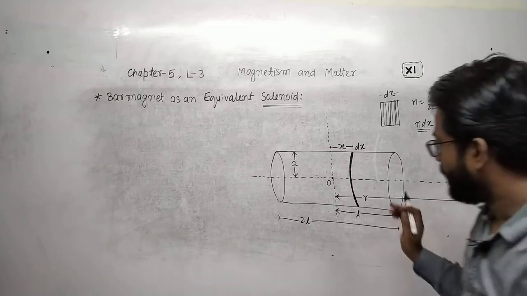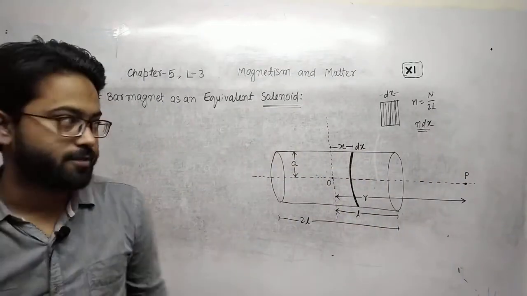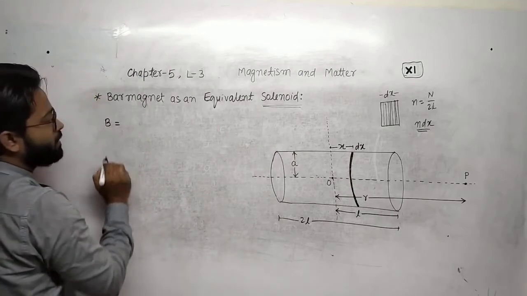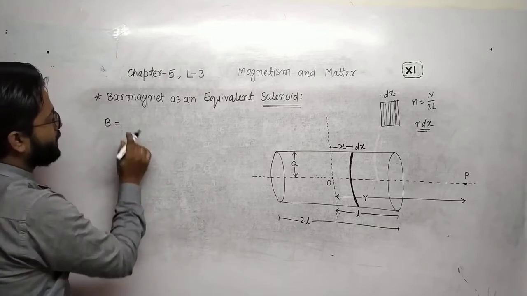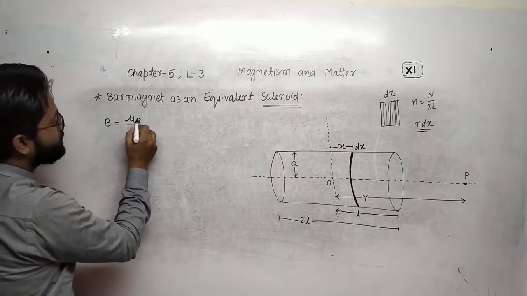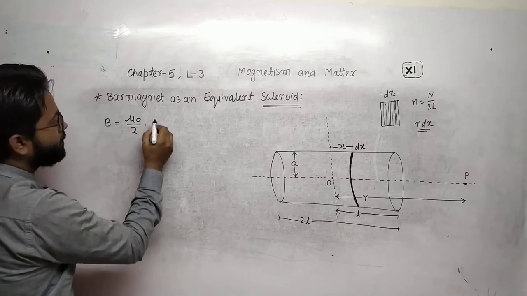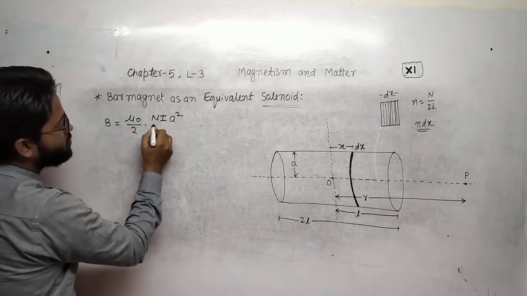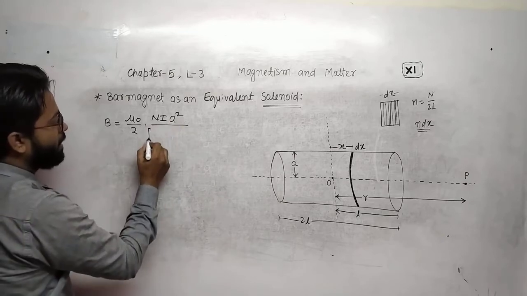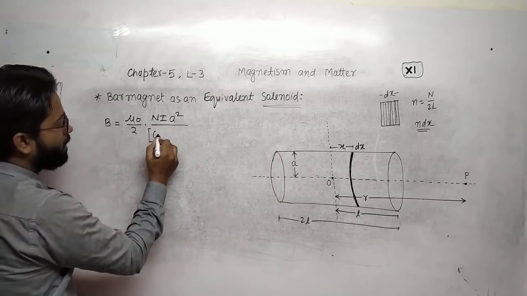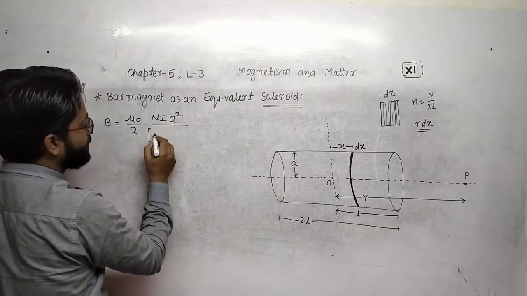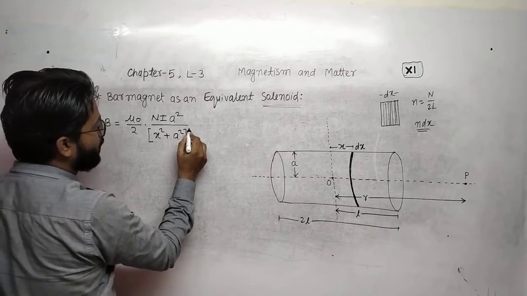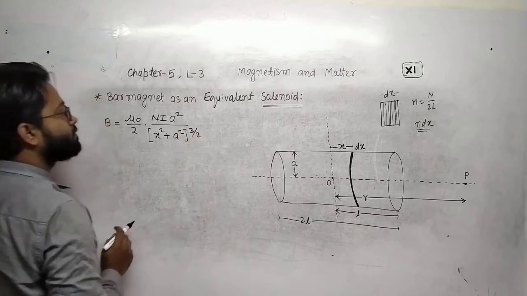Now let us discuss some points. First point, on the axis of the coil, the magnetic field is mu naught upon 2 Ni A square upon x square plus A square to the power 3 by 2.